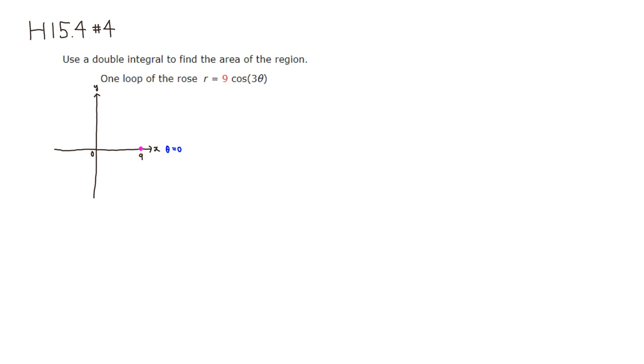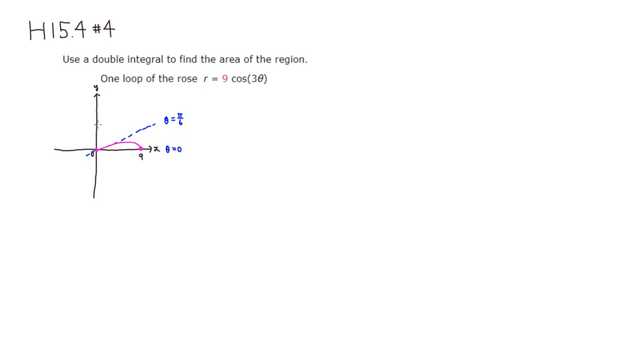So theta is equal to pi over 6, then the value is going to be 0. So it's going to hit here, and it's going to look kind of like this, right?